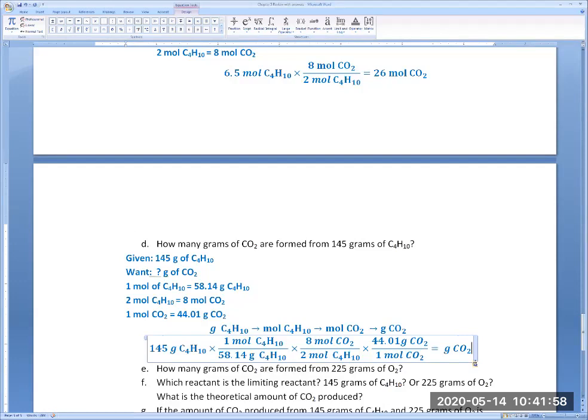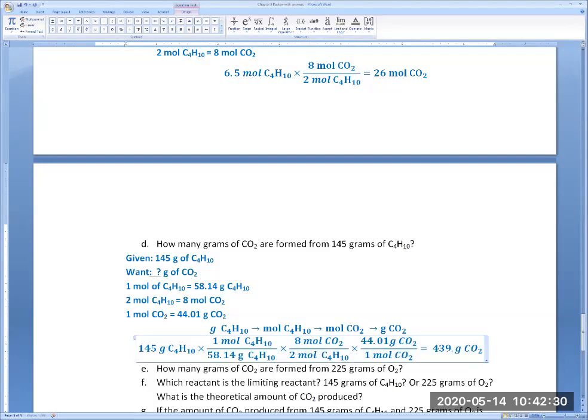So 145 times 8 times 44.01, that's all the numerators, divided by 58.14, divided again, so be careful when you don't use parentheses, divide again by 2, that's the denominator, and that's it. The 1 is not necessary to do, so equal. And so my calculator answer is 439.04. So I'll stop there because I know it's going to be plenty of Sig Figs.